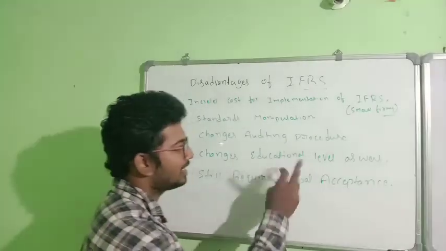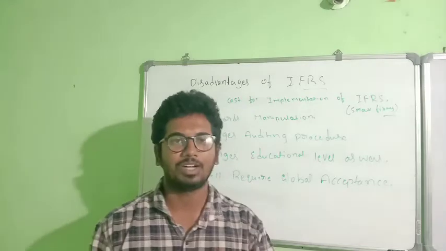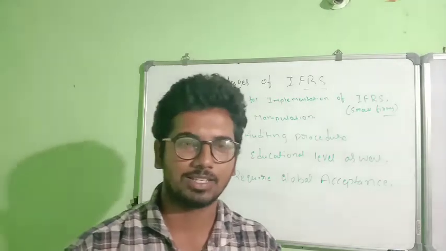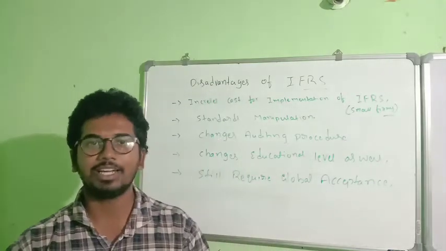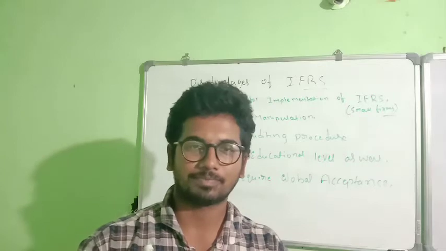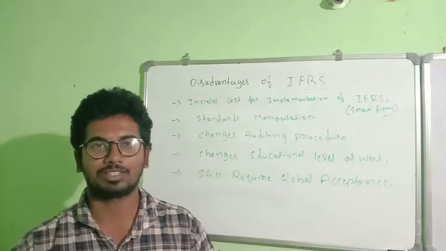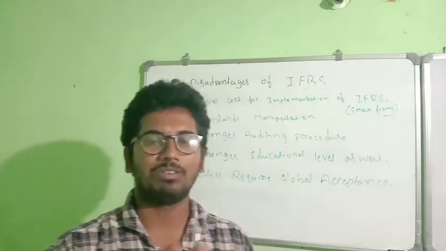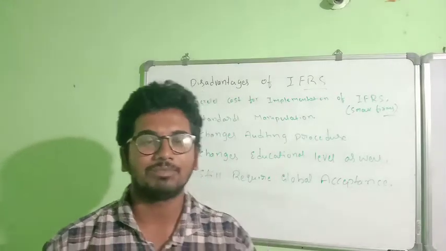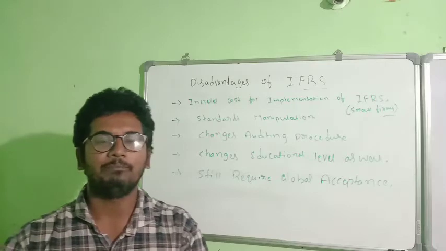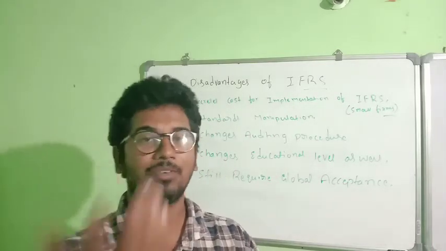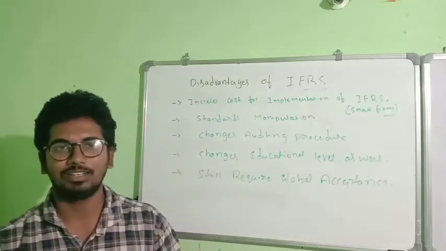Then changes in education level as well. I told you already, if you become a CA holder, you have to pass CA at the Indian level. There are no uniform standards to become IFRS qualified, or to meet the requirements of IFRS. That means from the base level you have to make changes in the syllabus as well. It might be very difficult for countries like India.